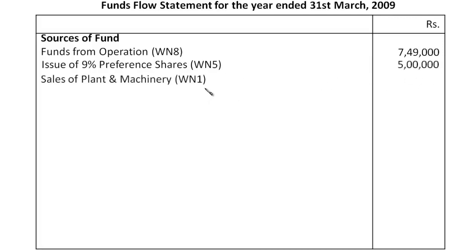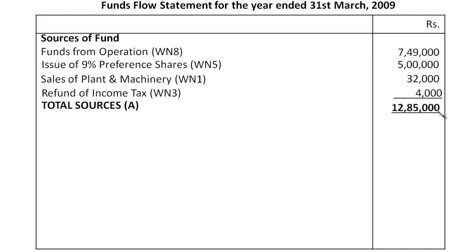Then there was a sale of plant and machinery, of course, that was sold at loss. 40,000 worth machinery was sold for 32,000. So 32,000. Then there was a refund of income tax to the extent of 4,000 because 80,000 paid, 76,000 was the tax assessed. So there is a refund. So all this makes total sources.